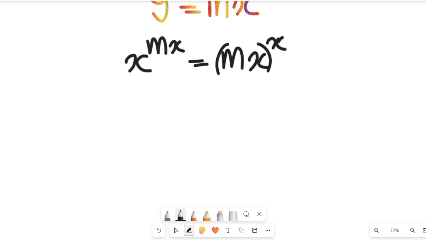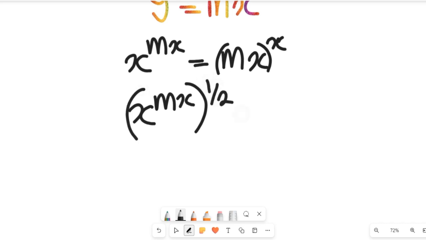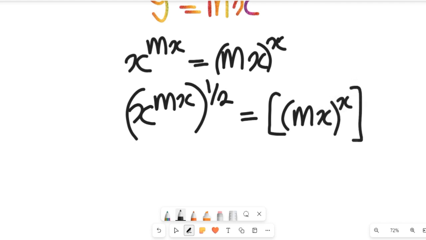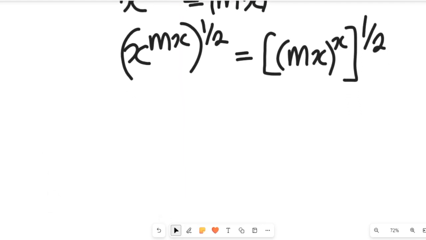If we multiply both sides by the reciprocal of 2, we're going to have x to the power of mx, multiplied by 1 divided by 2, and this will be equal to mx all to the power of x, and all of these will be multiplied by 1 to the power of 2.